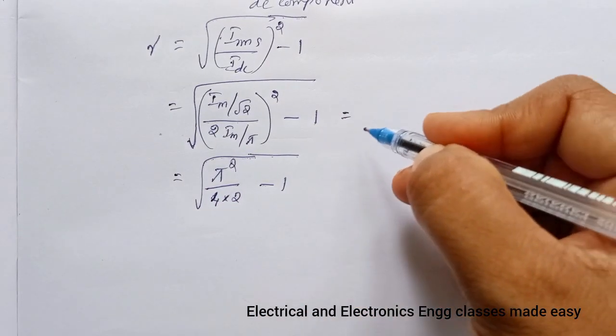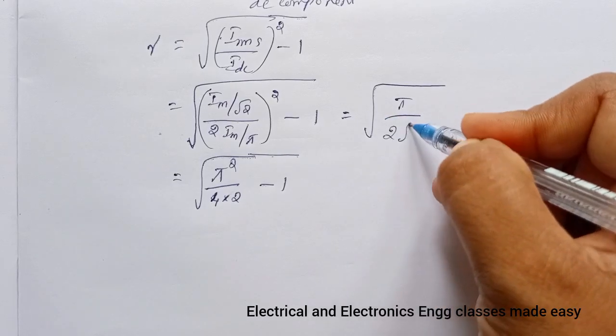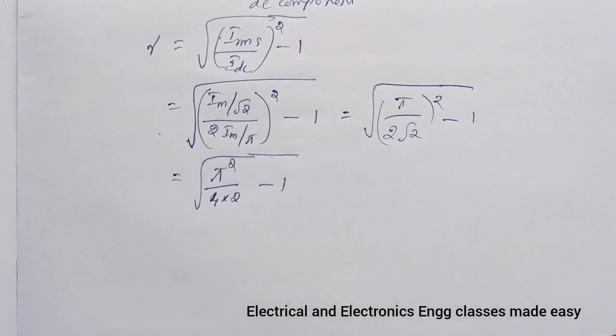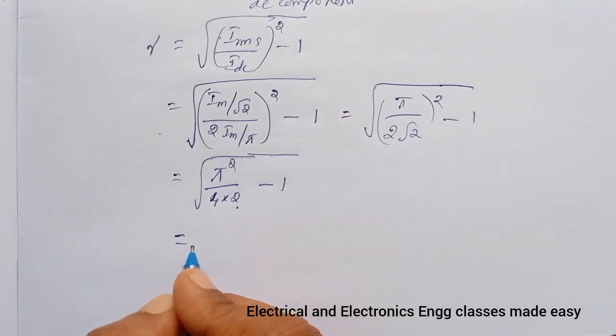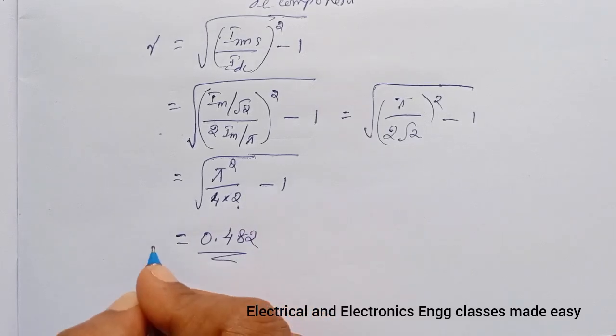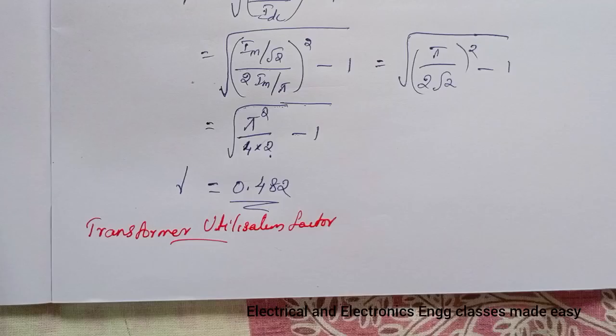That is square root of (pi divided by 2 root 2) the whole square minus 1, which is equal to square root of pi square divided by 4 into 2 minus 1, and after solving this we get 0.482. That is, the ripple factor gamma is equal to 0.482 in the case of center tapped full wave rectifier.